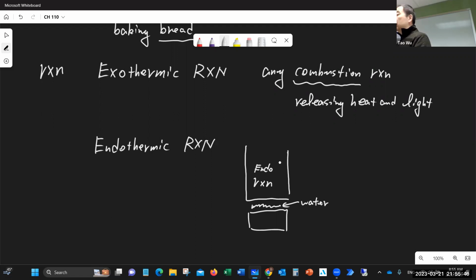And the water in the air is also going to freeze on the outside of the beaker. So this is what happened in the reaction. For an endothermic reaction, it's not that easy to see.